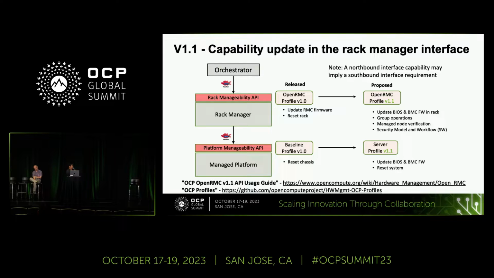The third one is a major one. We have concerns regarding security from the rack perspective, between the Rack Manager and the underlying management nodes. So these are the three areas we added to v1.1 on top of the features of 1.0. We're going to talk about it a little bit later.